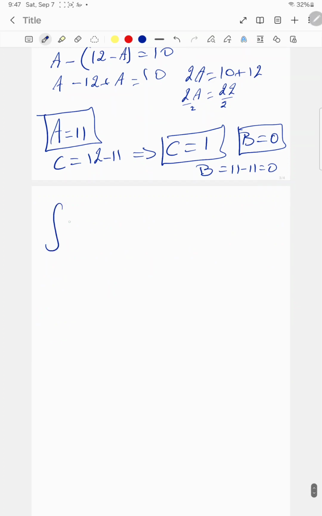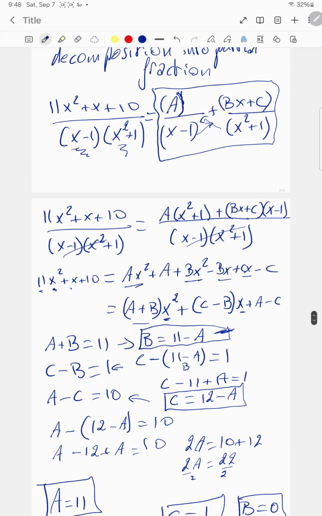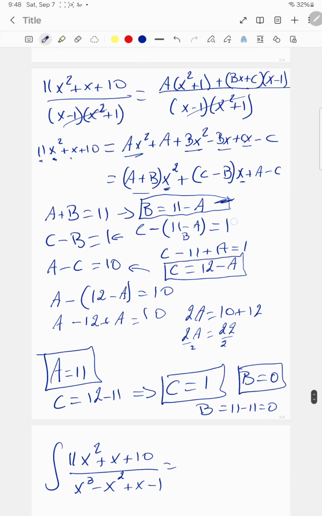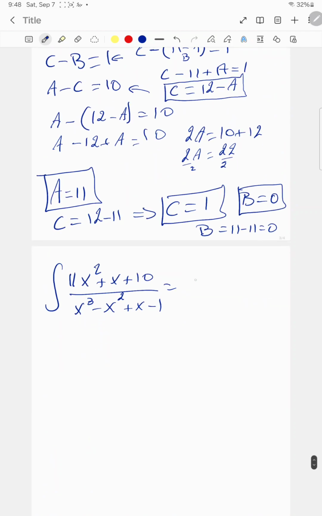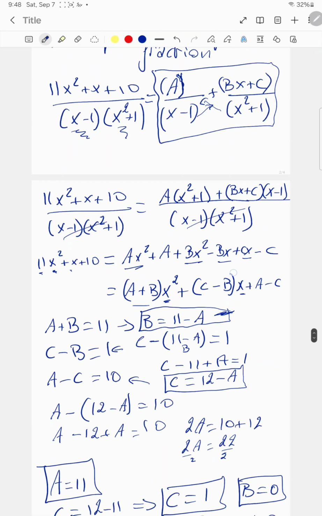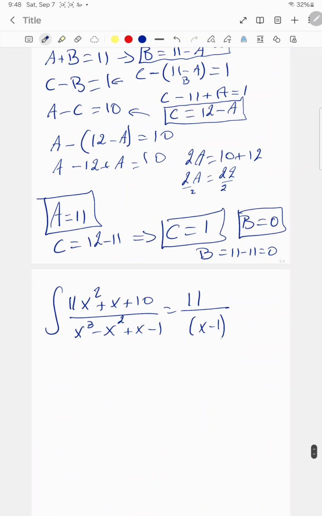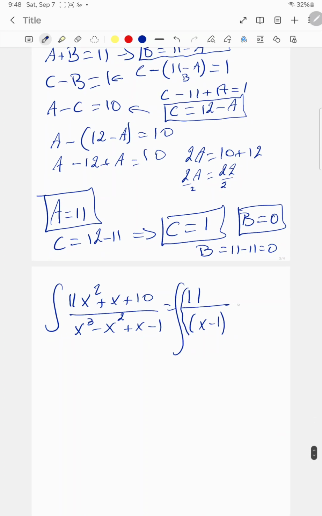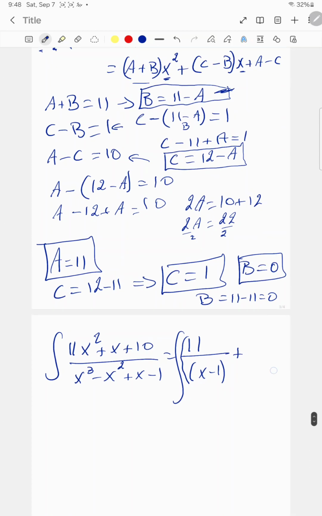The integral of 11x squared plus x plus 10 divided by x to the power of 3 minus x to the power of 2 plus x minus 1 is equal to, we said, a divided by x minus 1, and we know that a is equal to 11. So it is 11 over x minus 1, and I open the parentheses, plus b is equal to 0 and c is equal to 1.